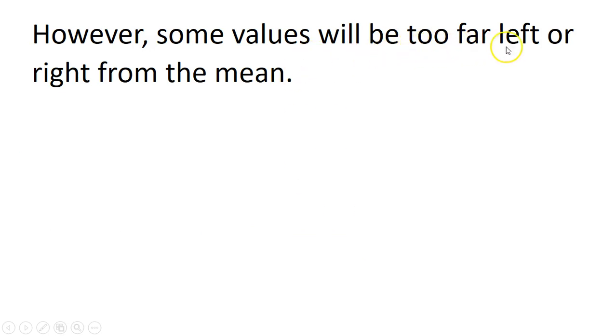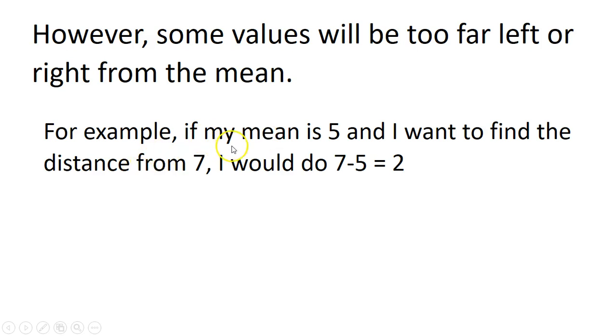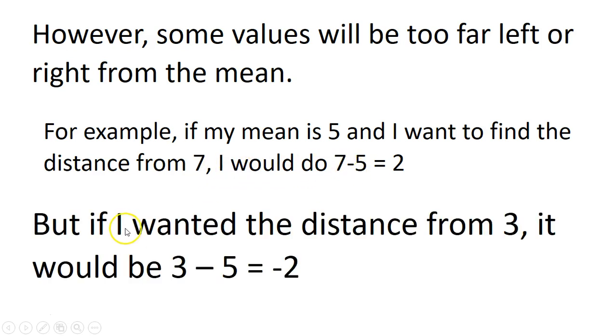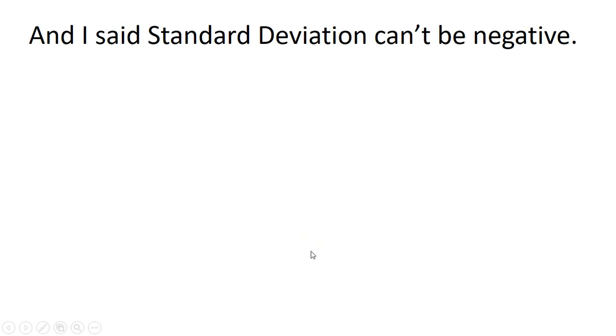However, some values will be too far left or right from the mean. For example, if my mean is 5 and I want to find the distance from 7, I would do 7 minus 5, which is 2. But if I wanted to find the distance from 3, it would be 3 minus 5, which is negative 2. But technically it's the same distance, it's just in a negative direction.